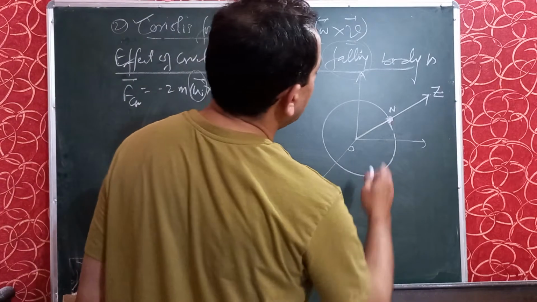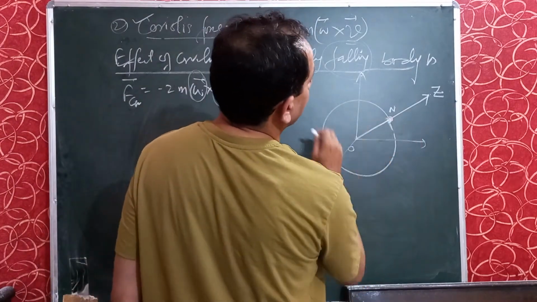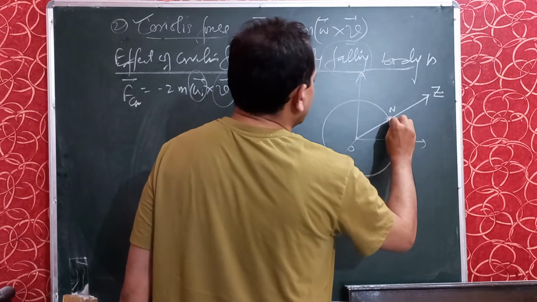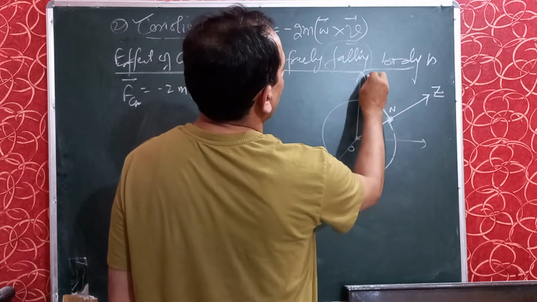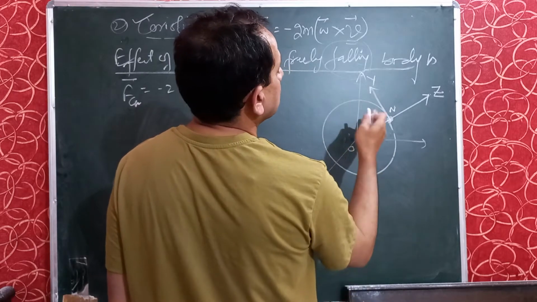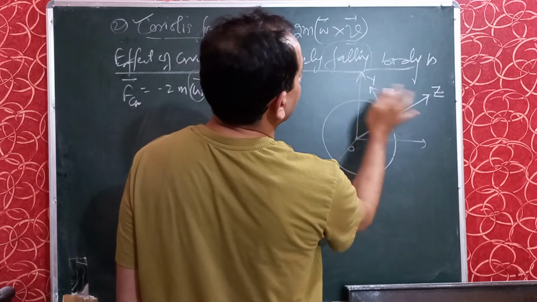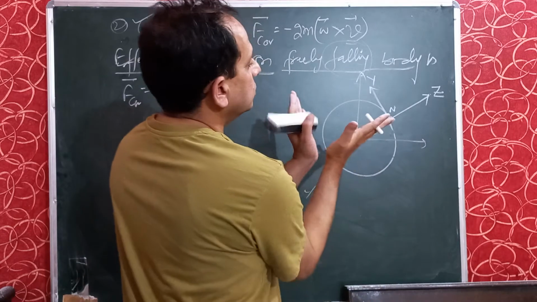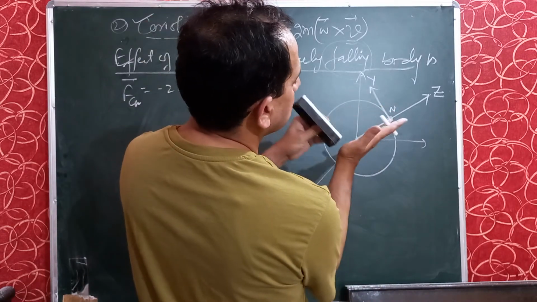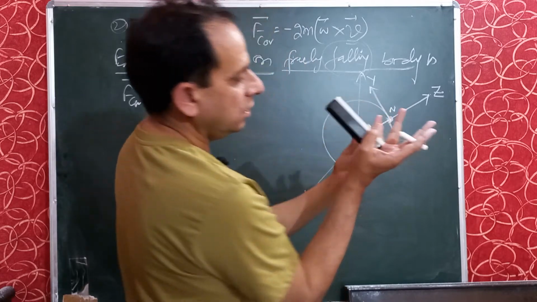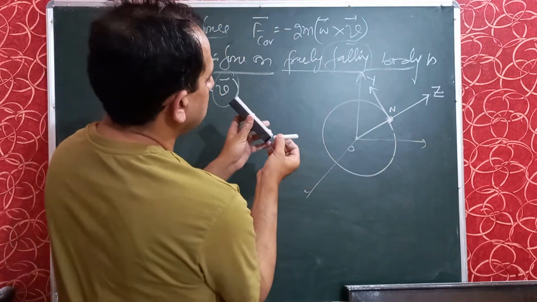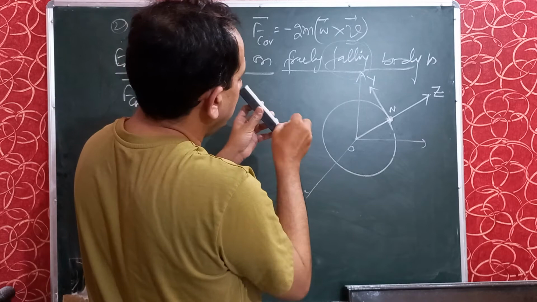We have to draw a new coordinate system at point n. So this is z axis, and perpendicular to z axis, this is y axis, and perpendicular to both y and z axis, because y and z axis are lying in this plane, x axis is along this side, inward.